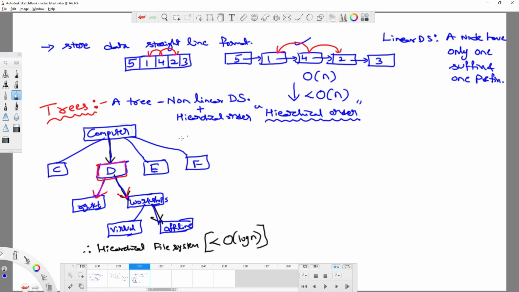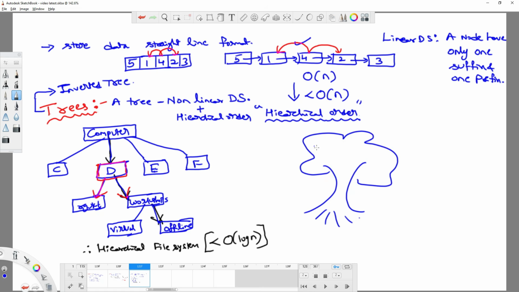Right? So in other words, I can call a tree an inverted tree. You should not write that in the exam, but we can call it an inverted tree. In general, if I take any kind of tree, you can observe it has branches, and for these branches there might be leaves also.